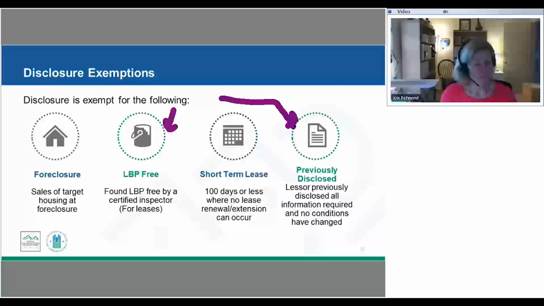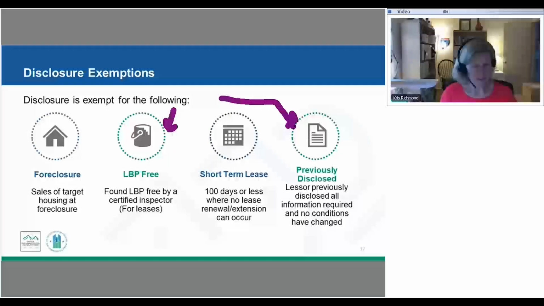So the first one, lead-based paint free. This is if the unit and the common areas were found lead-based paint free by a certified inspector. And this would have to be done under a federal certification program or under a federally accredited state or an Indian certification program.